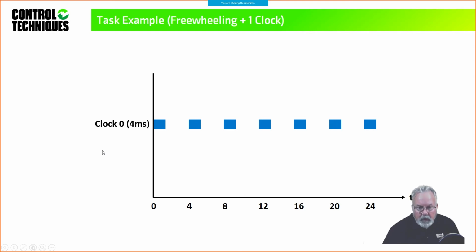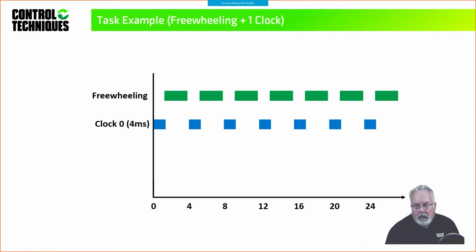Now, if I lay my freewheeling in there, that's what happens. The higher priority task will take time away from the freewheeling task, because this is deterministic. In other words, the clock tasks are deterministic.